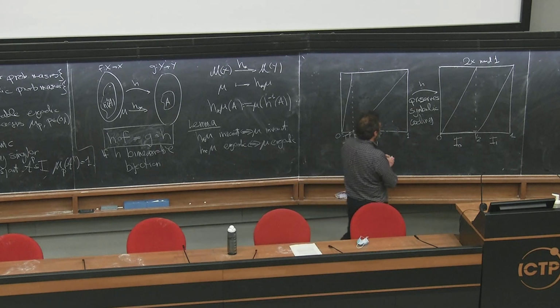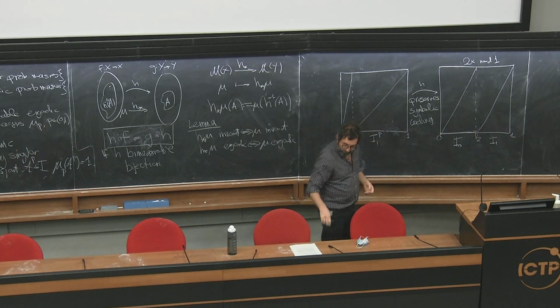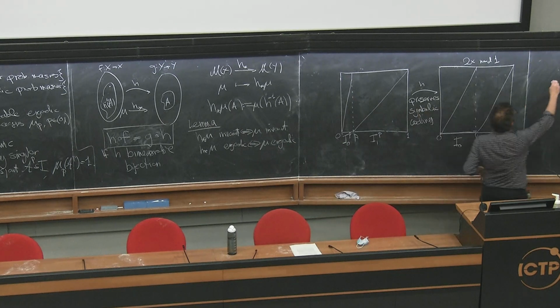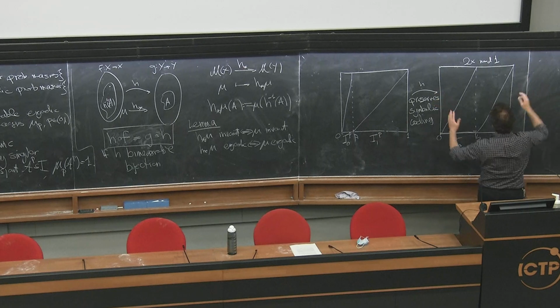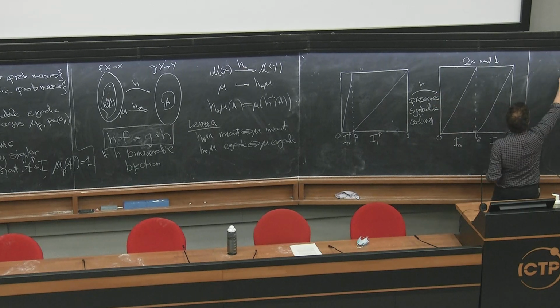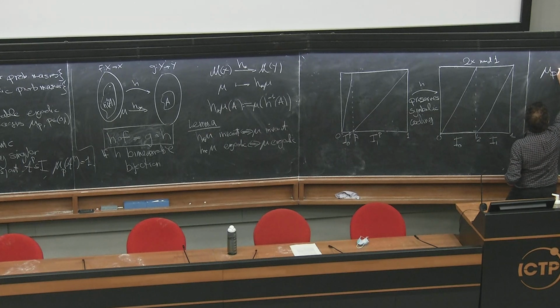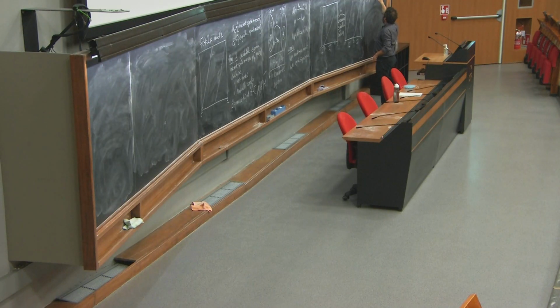Okay, so the key point is that we want to use this conjugacy to define an invariant measure here, and we define mu_p equal to h_* of Lebesgue. Right?